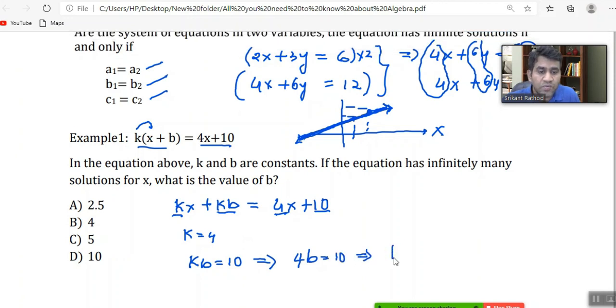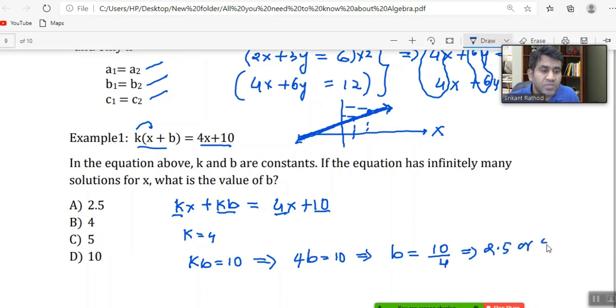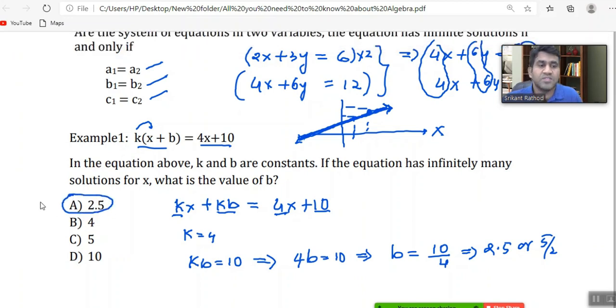That gives the value of b as 10 by 4, that is 2.5, or we can also say 5 by 2. So this is the value of b for the system of equations to have infinitely many solutions. That is, answer choice A is the right answer to this question.